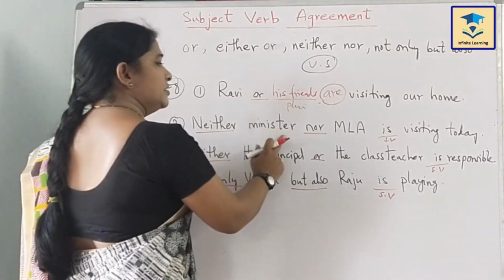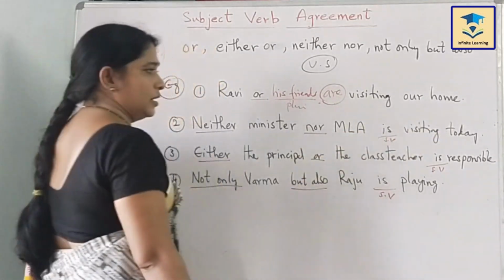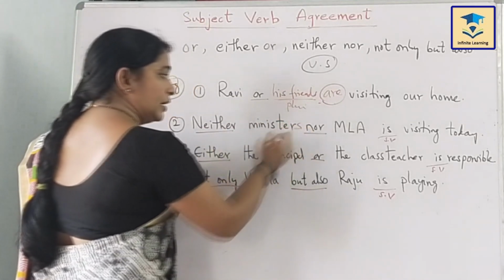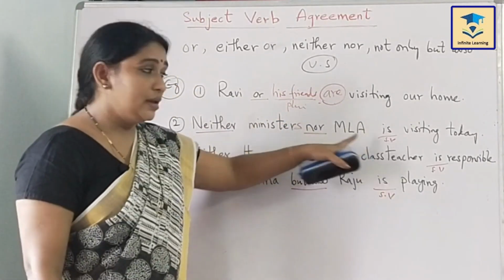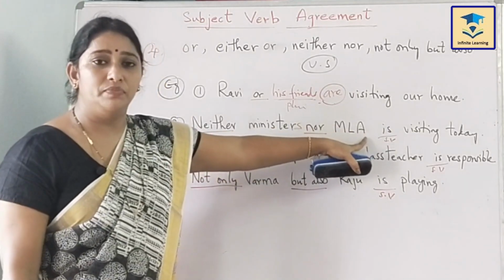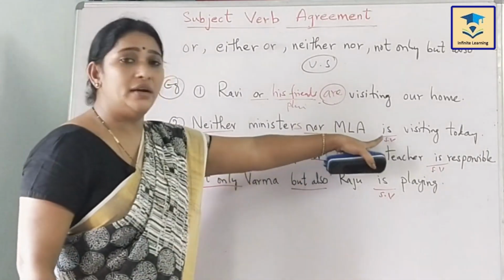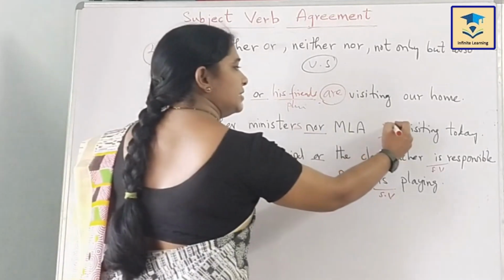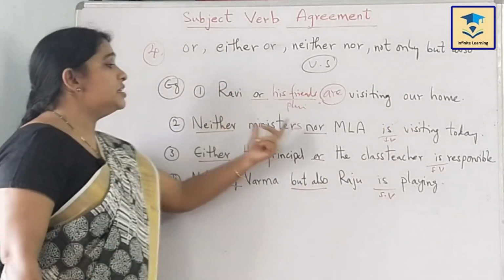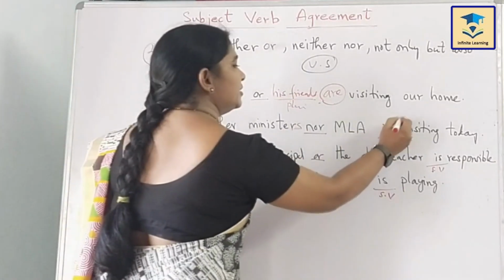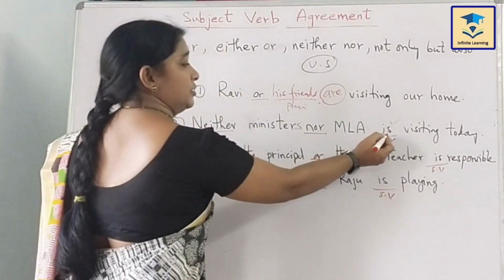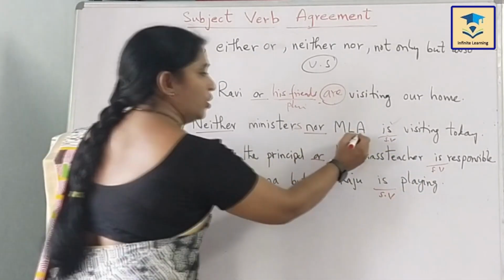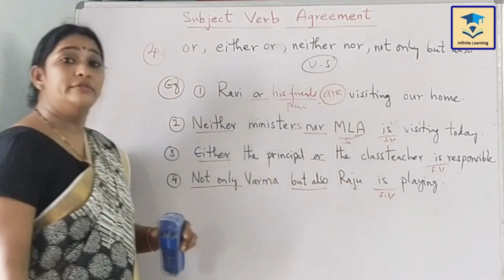See, neither minister nor MLA is visiting today. If you keep neither ministers nor MLA, here ministers is plural, MLA is singular. So which is nearer to the verb here? MLA is nearer to the verb. As it is singular, is is right. Neither ministers nor MLA is visiting today. It's right here, because the subject nearer to the verb is singular, so you will get the singular verb.